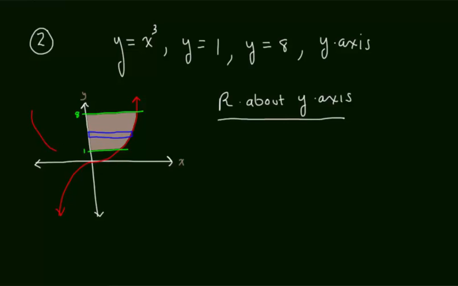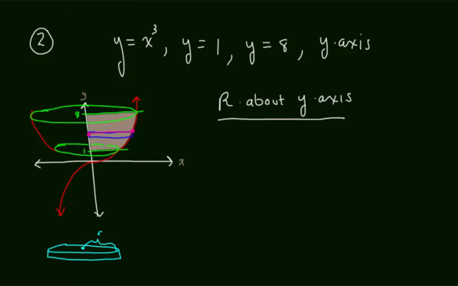I'm going to come over here and draw this top disc out here and this bottom disc down here, and you might say that looks like a bowl, but a bowl filled with cement. And each disc will look like this in a horizontal orientation. This is the radius, but I hope you see here now that the radius is the distance from the y-axis out to the curve going this way.